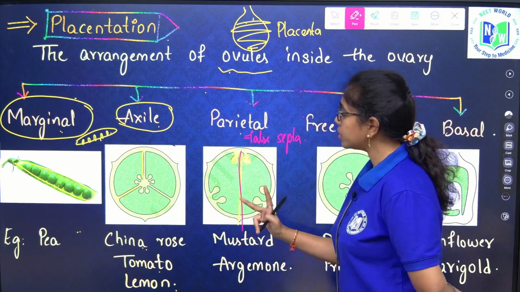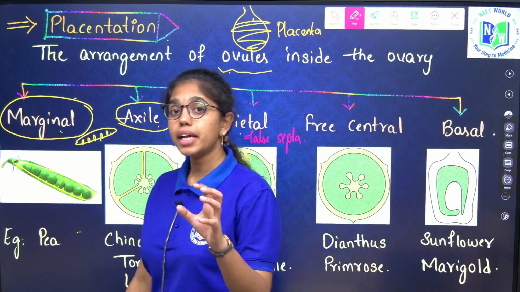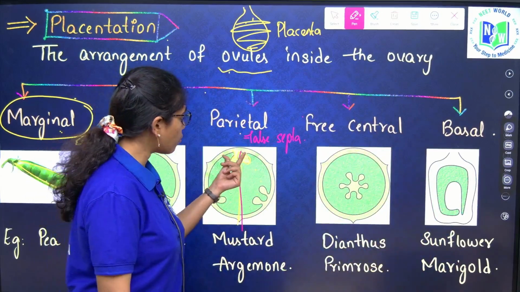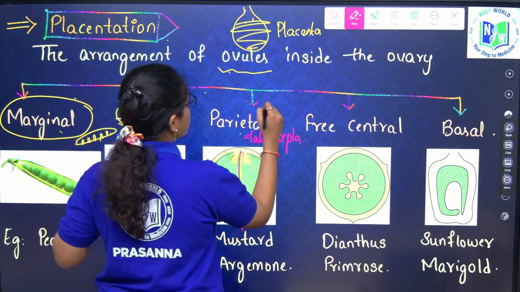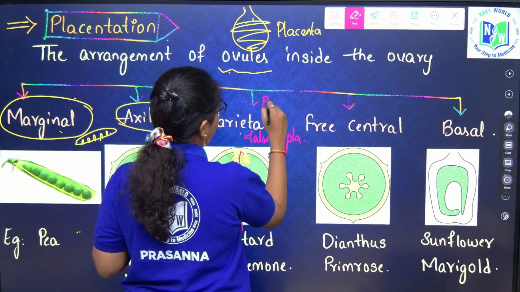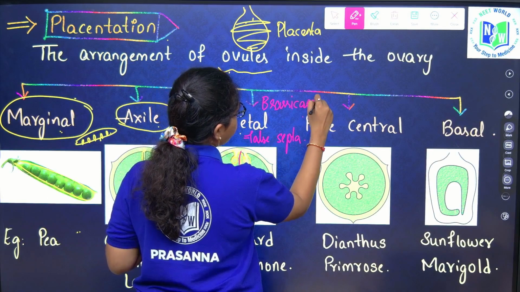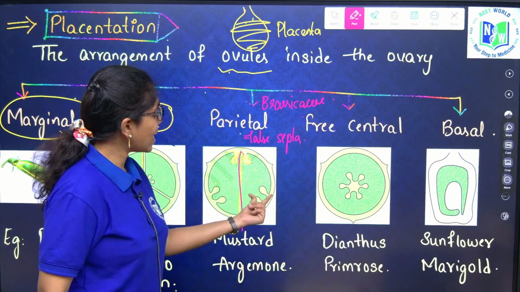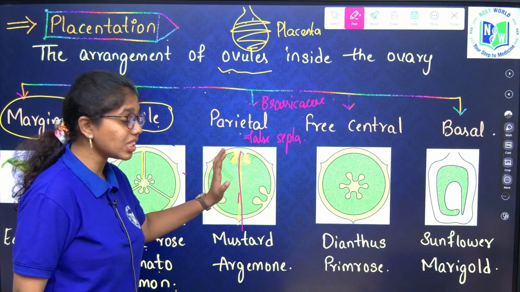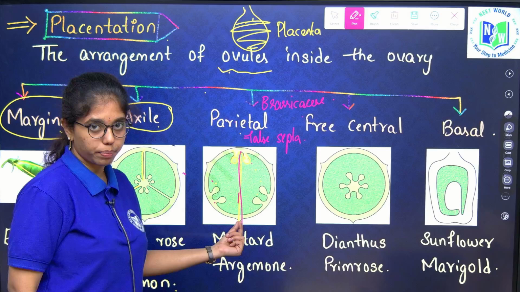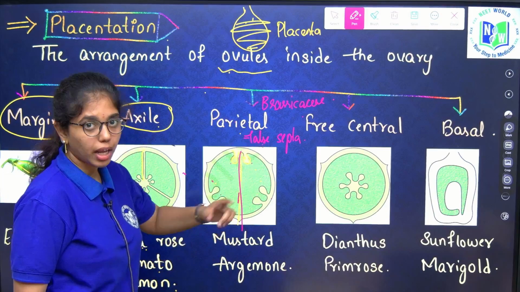What is parietal placentation? The ovules arise on the inner wall of the ovary. For example, in the family Brassicaceae, a characteristic feature is that the ovules arise on the inner wall of the ovary and a false septa forms, so it appears two chambered. That is why it is called a false septa, not a true septa.